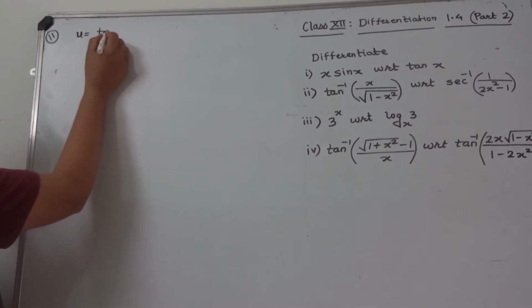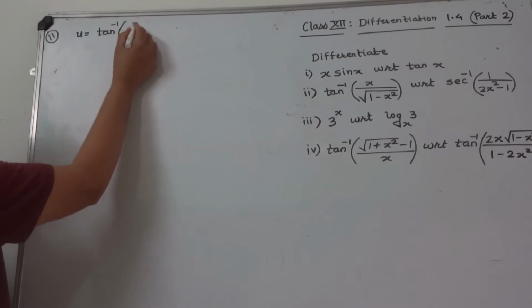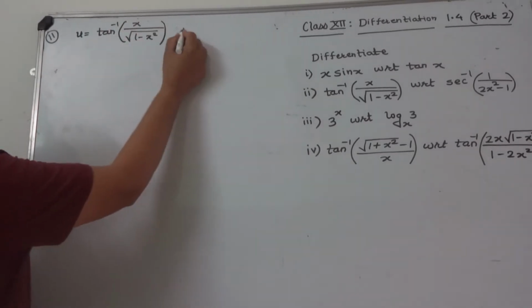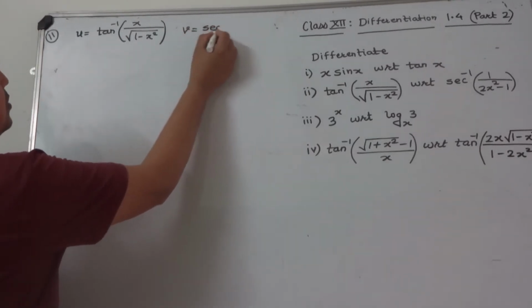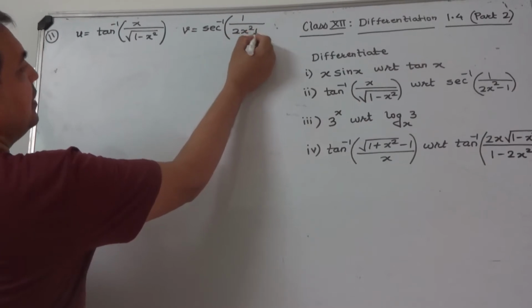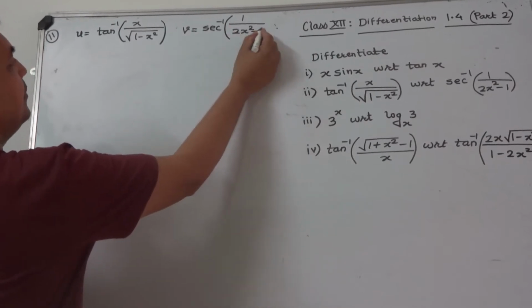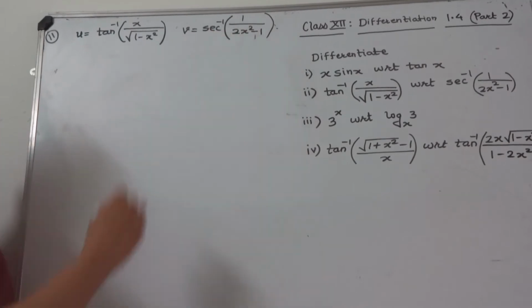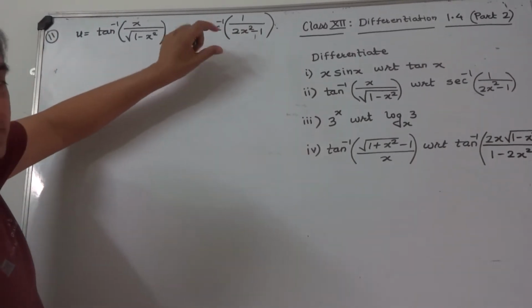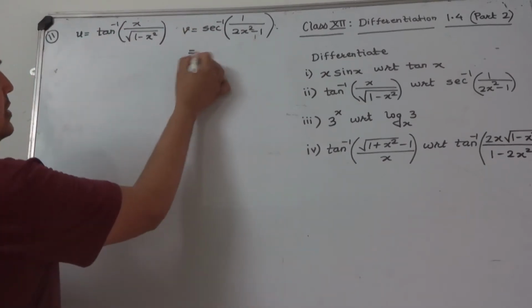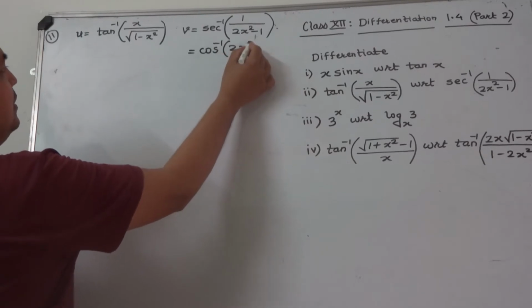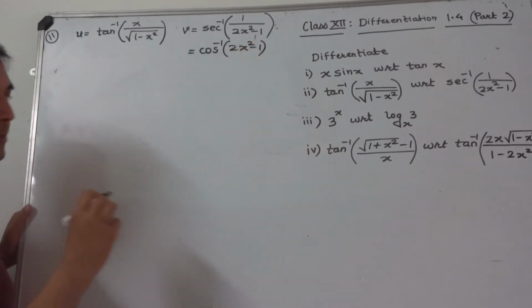So u is tan inverse of x upon under root 1 minus x square, and v is sec inverse of 1 upon 2x square minus 1. Now while getting the derivative of this, instead of using sec inverse, we convert it to cos inverse. So here itself let us write it as cos inverse of 2x square minus 1, the reciprocal.